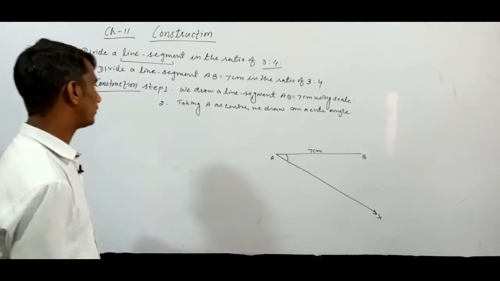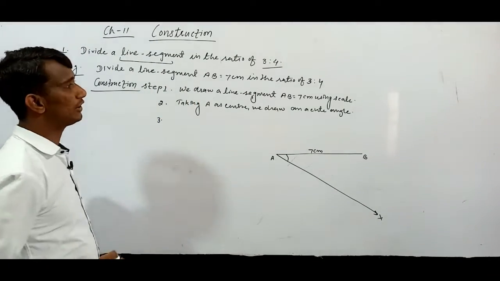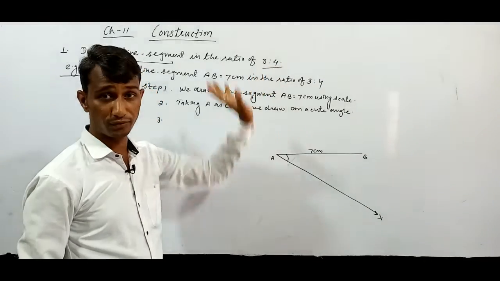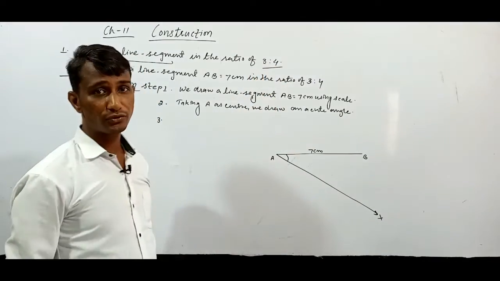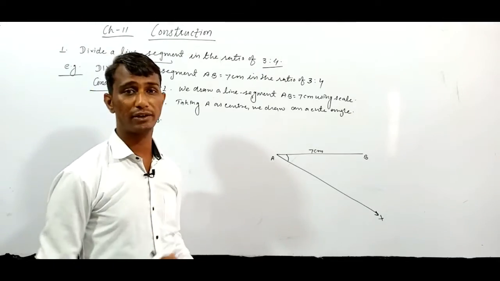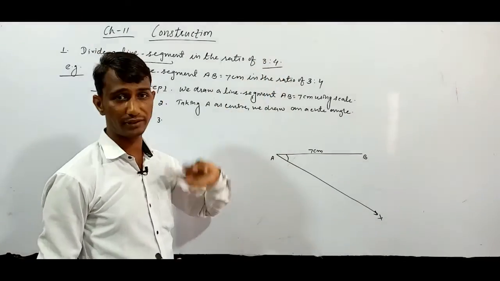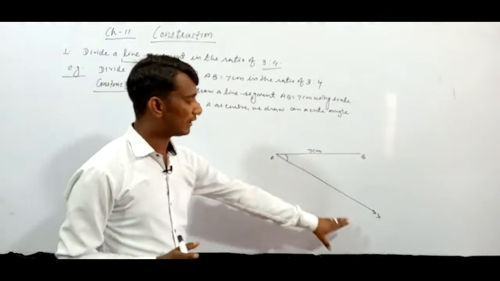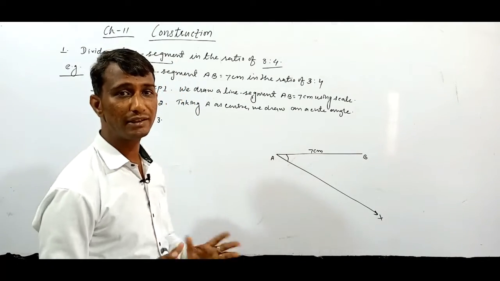Now step number 3, this is very important. Check again what ratio is given here. The ratio is 3 and 4. So we need 7 parts in total, since the sum of the ratio is 3 plus 4, 7. So this angle line must be divided into 7 equal parts.